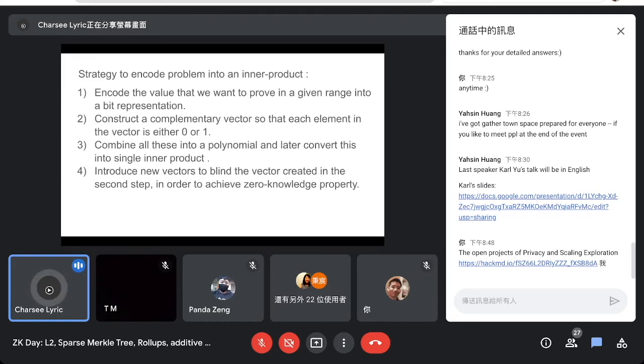You can see the details of the construction of such a vector in Bulletproof, and we combine all these vectors into a polynomial and later convert this into a single inner product. As many other schemes do, we need to blind the vectors that we committed to in order to achieve the zero knowledge property.